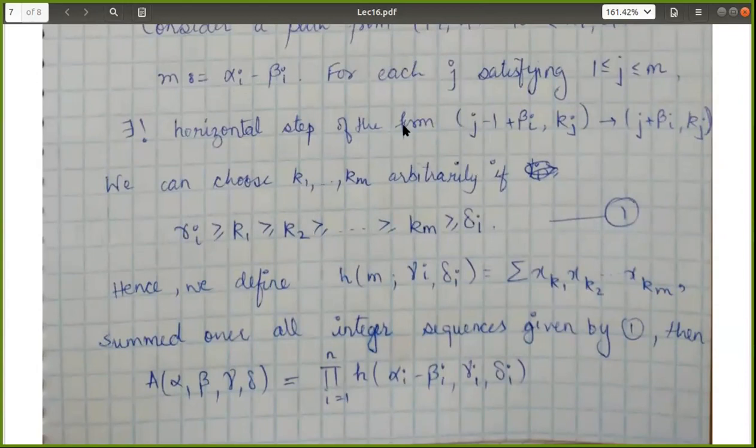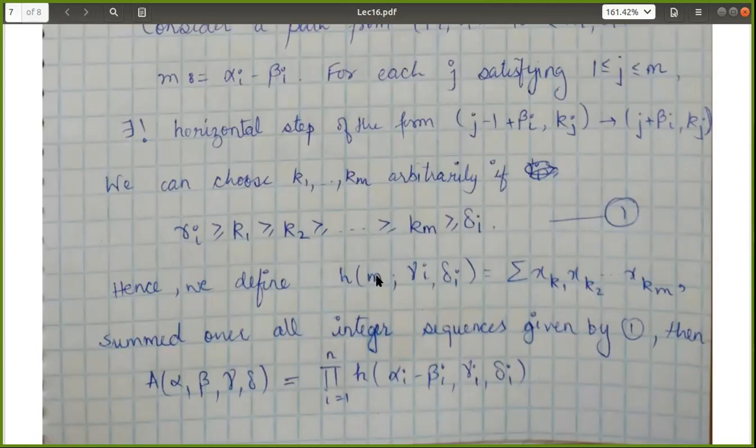So you have to do this entire business for each of these differences. So you take the product of all of these functions HMs, where m varies from 1 to n. So I've directly written alpha I, beta I, gamma I, delta I, and now this difference runs from 1 to n. Okay?